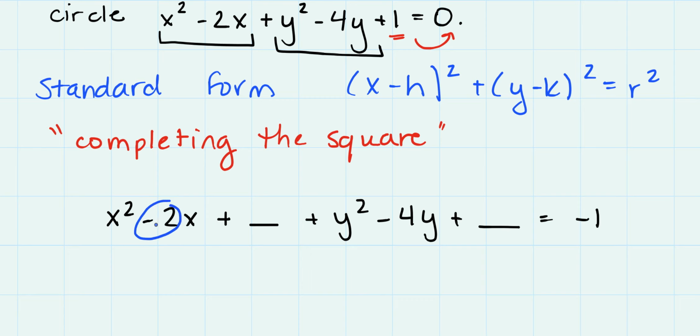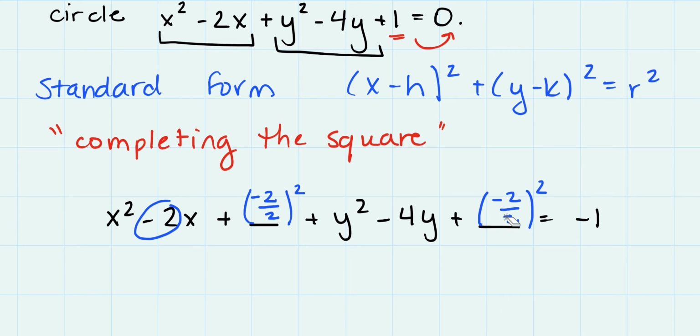So I'm going to take this number, which is -2. I'm going to divide it by 2, and then I'm going to square it. Okay? I'm going to put that number over here as well. So -2 divided by 2 and square it. So I'm adding these numbers to the left-hand side of the equation.